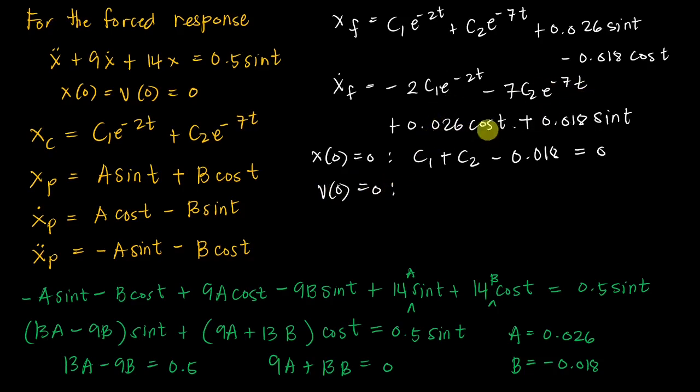This is the expression for velocity, since x dot is v. What remains is negative 2 C1 minus 7 C2, plus 0.026, and the sine term vanishes since sin of 0 is 0, equals 0.